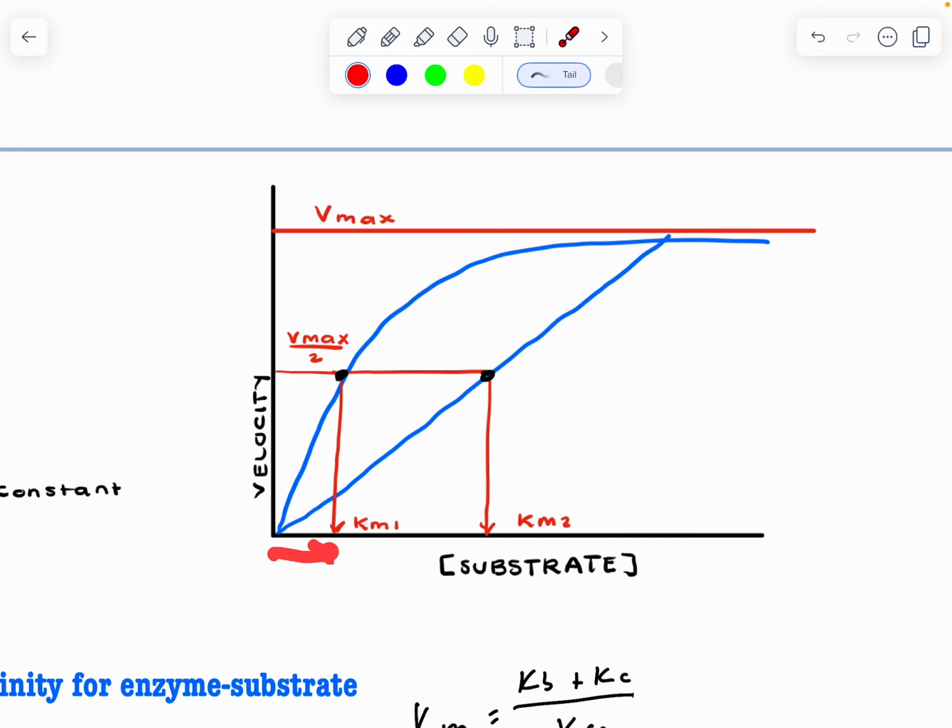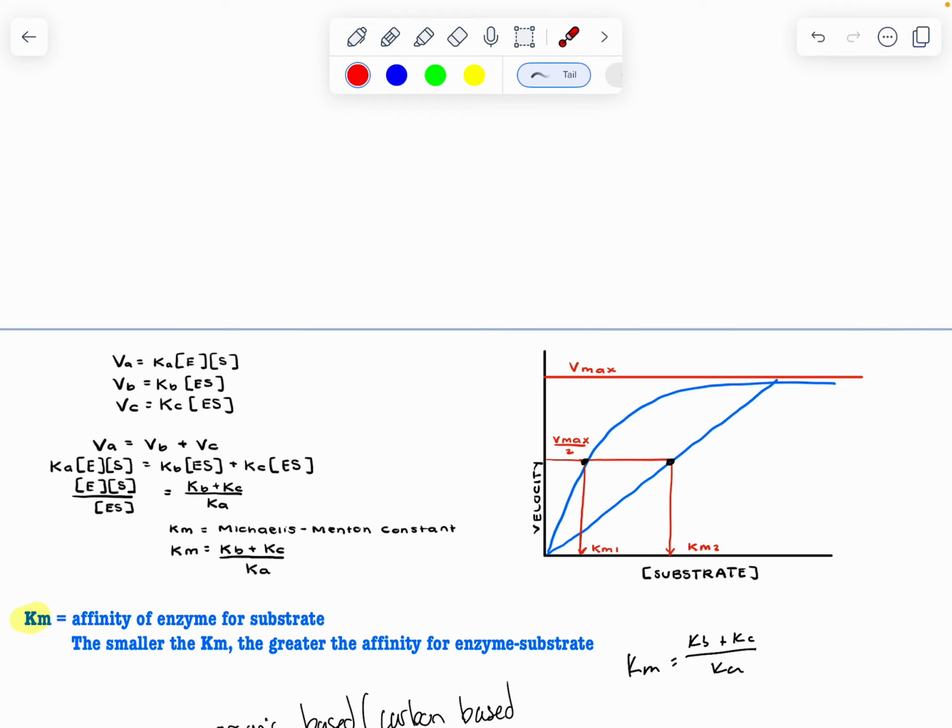So we can add a smaller amount of substrate here, and we can reach maximum velocity that much quicker. Once we pass Km, our maximum velocity can occur a lot quicker compared to this other reaction right here, where we have to add such a high amount of substrate just to get to half of our maximum velocity, or equal to Km. And then we need even more substrate to even get to our maximum potential. So that's just a good comparison.